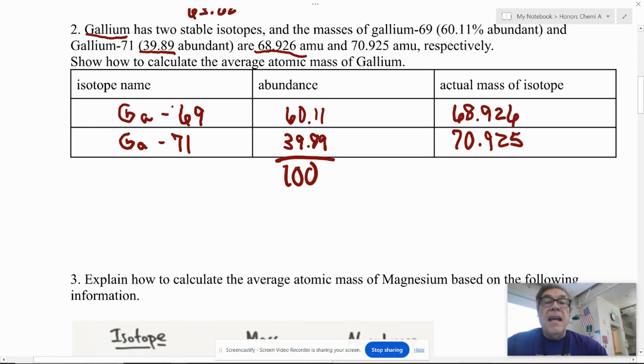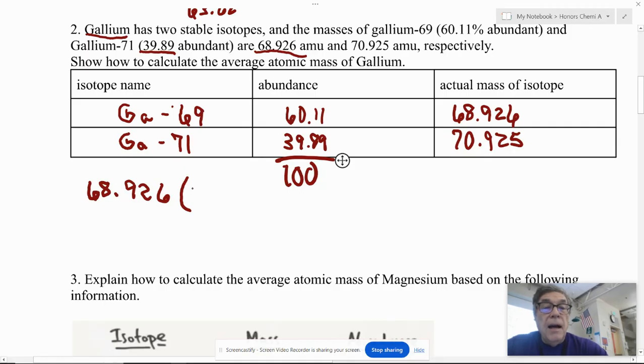So let's write down the mass of the gallium-69. That's 68.926 times its relative abundance out of 100. And you'll notice if you look back at the methods people use in your other notes, one of the methods is to take 60.11 and divide it by 100.